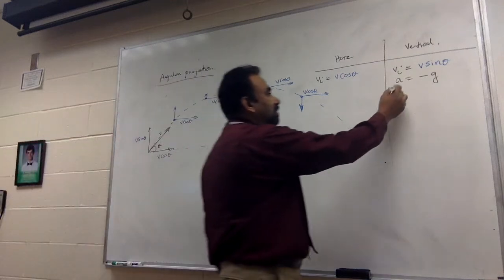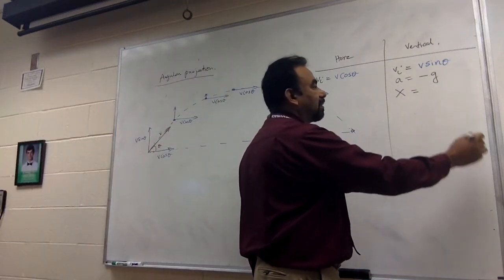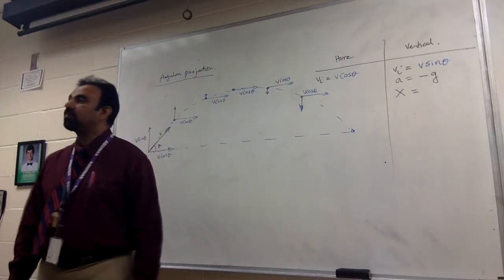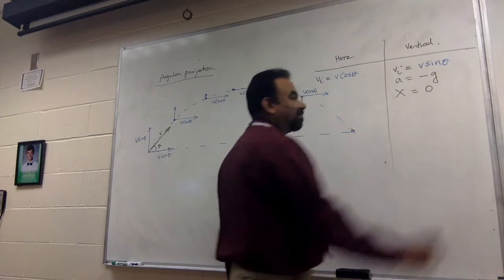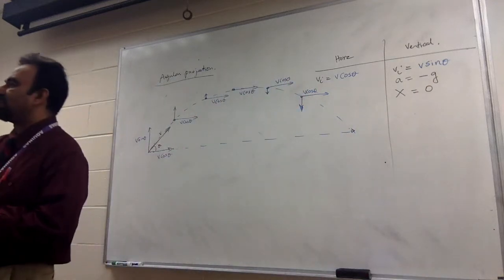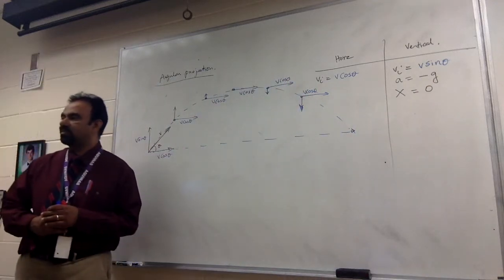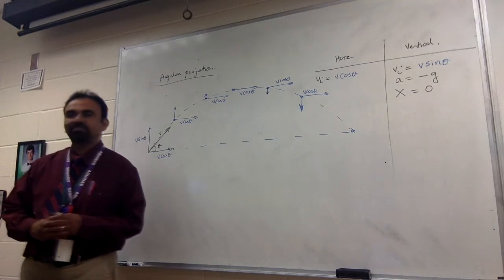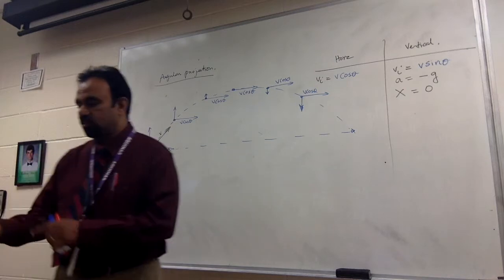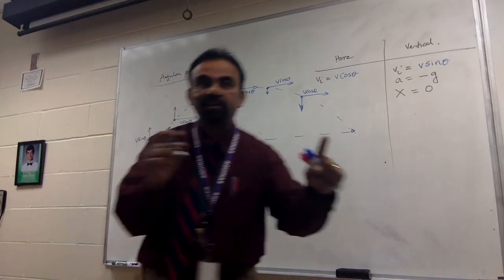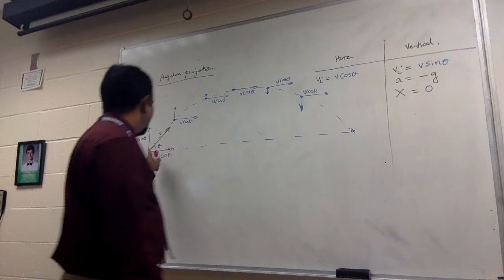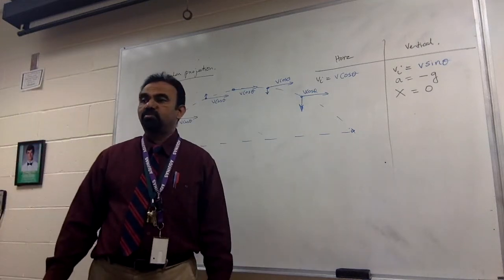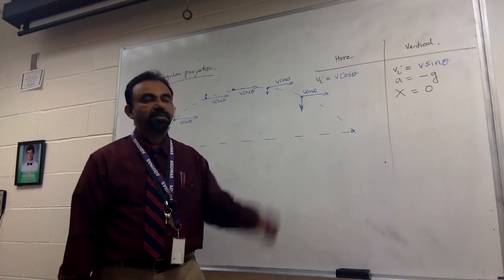How much? 0. Why? Because on the vertical axis it doesn't end up anymore. That's right. It started from one level and landed at the same level, which means vertically the displacement is 0.